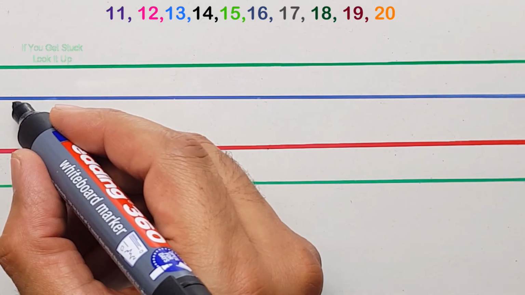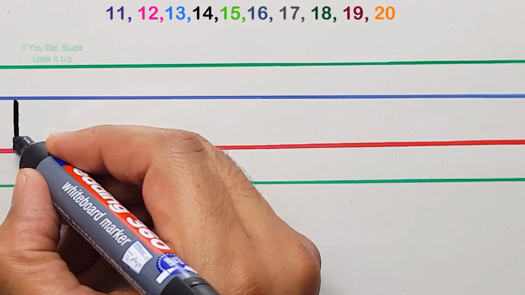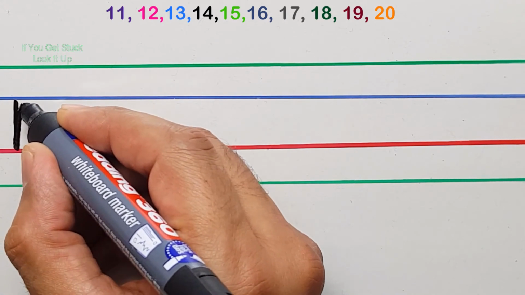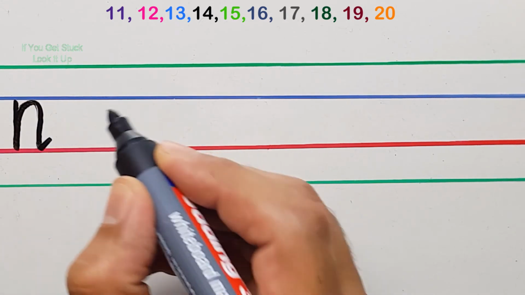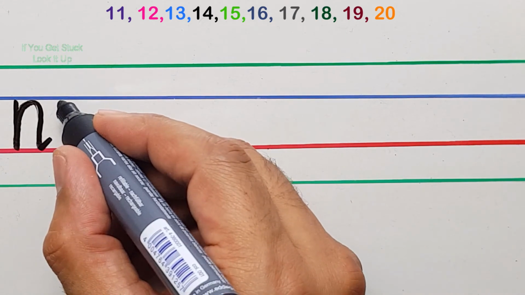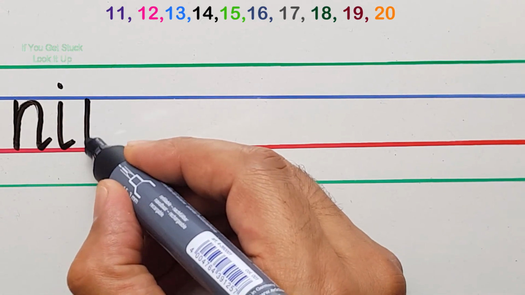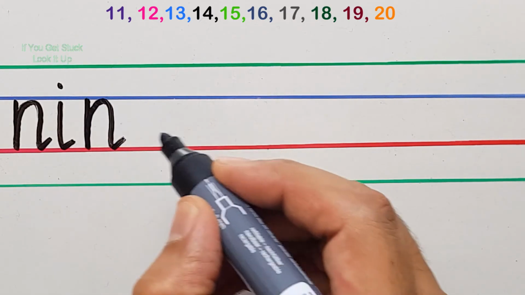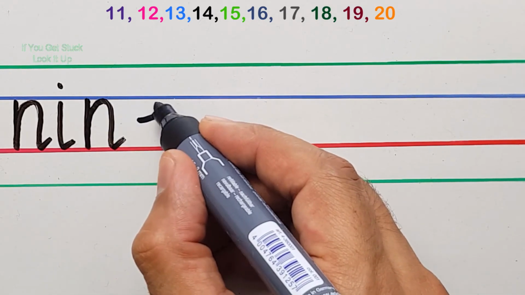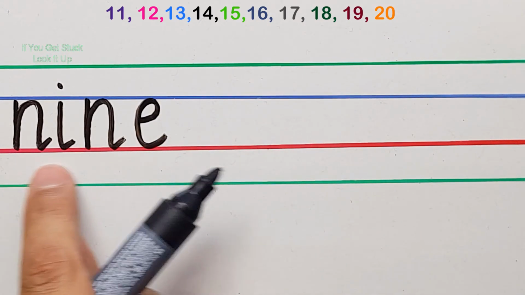19, N is a short letter. It sits on the bass line, up, round, back to the bass line, and flick. I, N again, and E. So that's your 9.